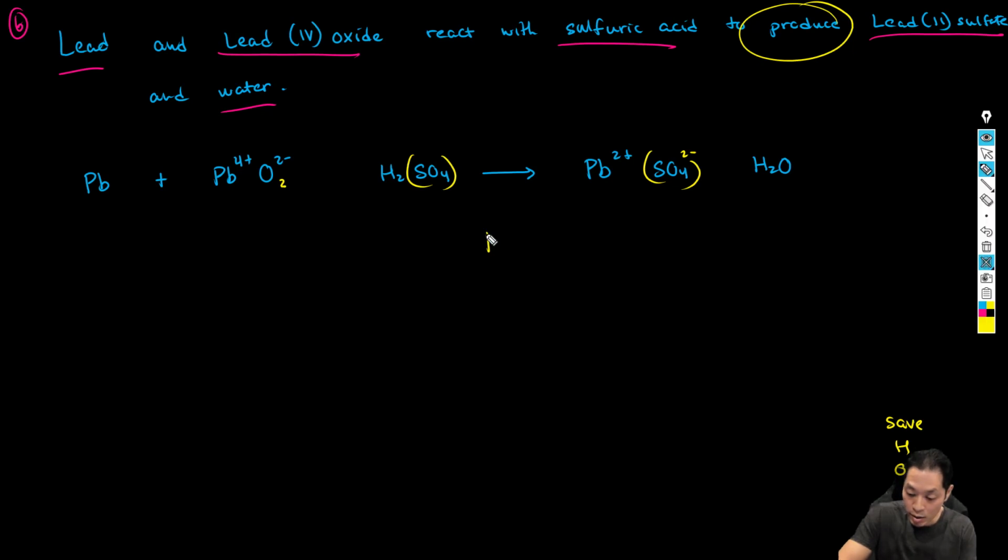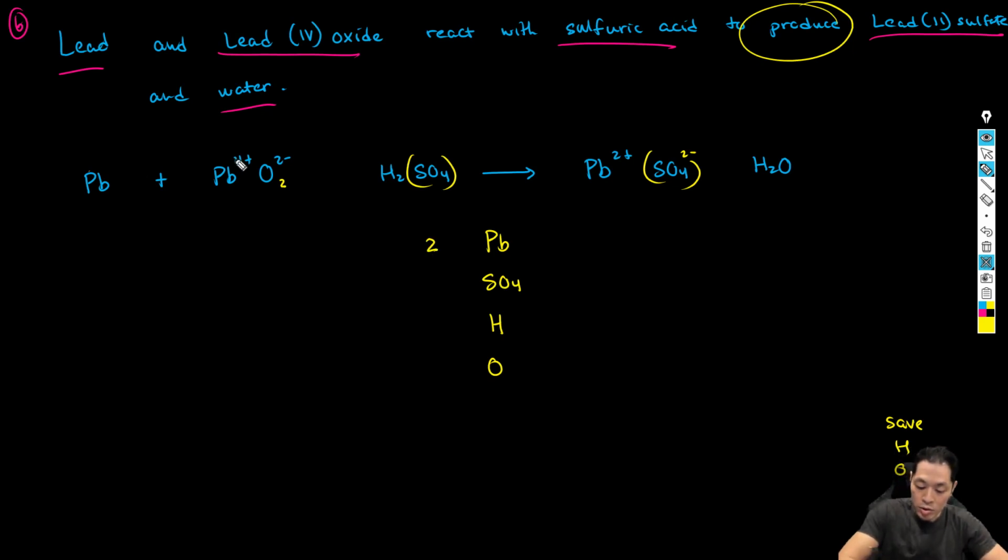Pb is my first one, Pb is my second one, O I'm going to save for last, H I'm going to save for last, SO4, then I'm going to go back to H, and then finally O. So that's my order of how I'm going to try to balance. Like I said, if you can keep it as a polyatomic, please do. It will make your life easier. So on the left side I have 1, 2 leads.